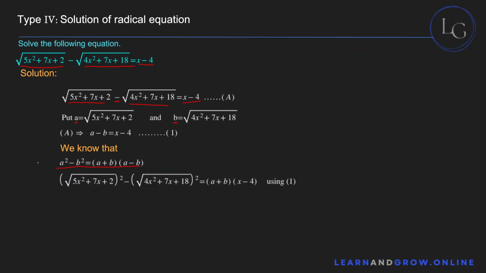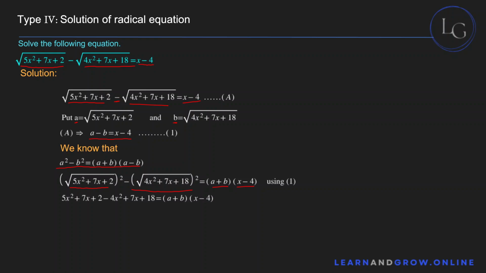We've used this formula and applied it on our original question. So this is now a square, and this is b square. So a square minus b square is equal to a plus b, and we know that x minus 4 is equal to a minus b over here. So this is (a plus b) into (x minus 4).